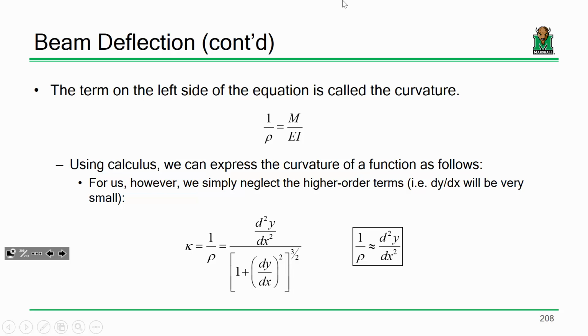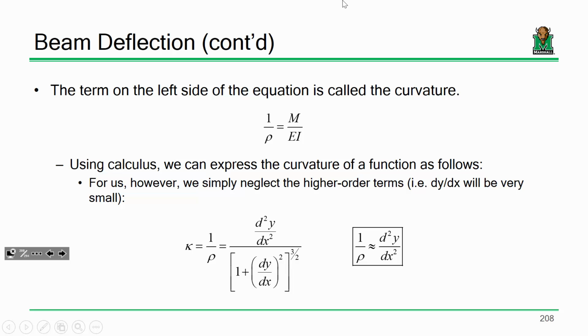It gets so small that we can say that's 0. And if I take 1 plus 0, which is 1, and raise it to the 3/2, what do I get? 1. 1 raised to any power is 1. So this curvature term, which we call kappa, is about the second derivative. Make sense?